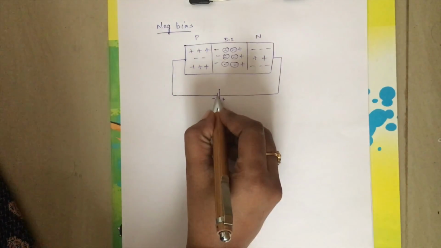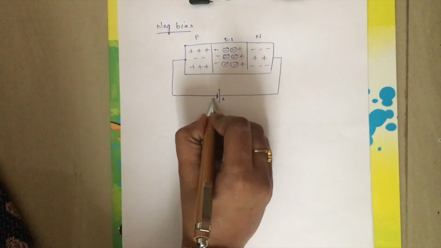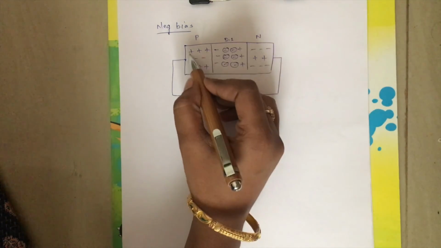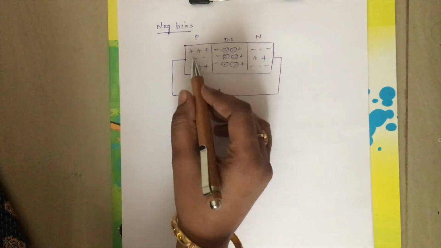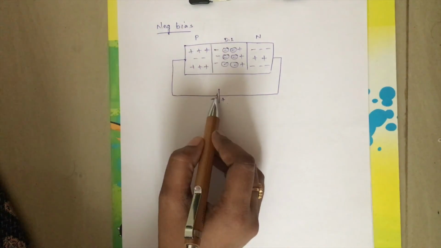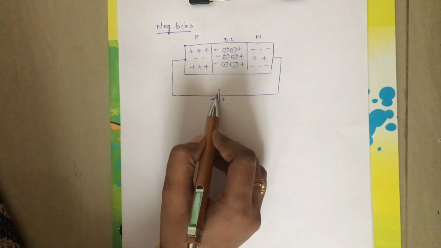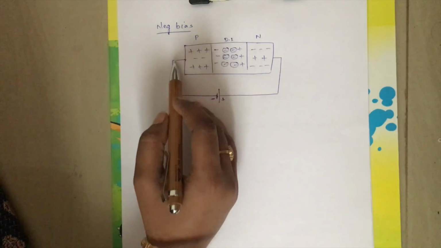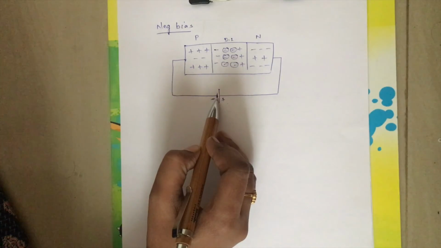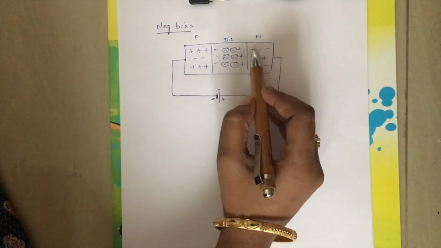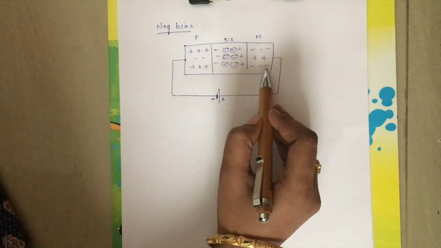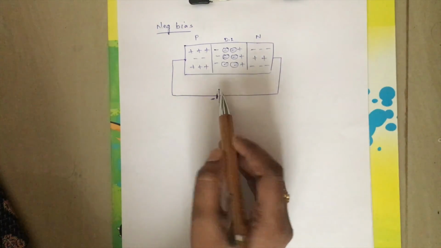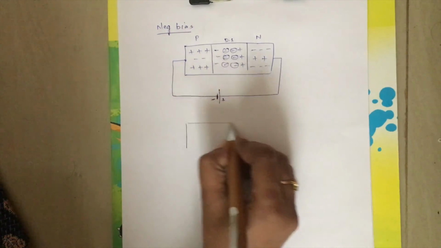Here the battery has negative polarity and here majority is holes, which is positive. So these positive holes will get attracted towards the negative of the battery because opposite poles attract each other. So all the majority carriers, that is holes in p type, will get attracted to the negative of the battery, and on this side, majority is electrons and these electrons will get attracted towards the positive of the battery. So now we can redraw it.